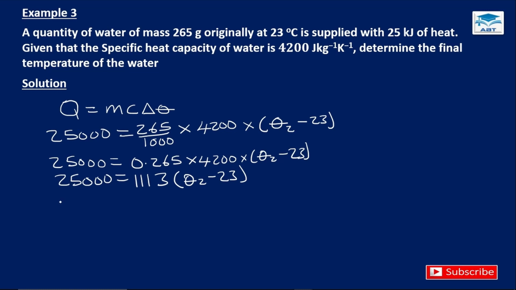So we have 25,000 divided by 1113 is equal to final temperature minus initial temperature. And 25,000 divided by 1113 is 22.46 to 2 decimal places.